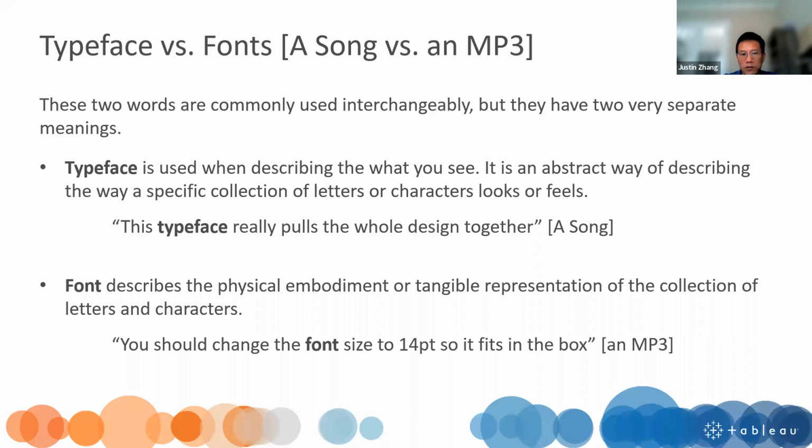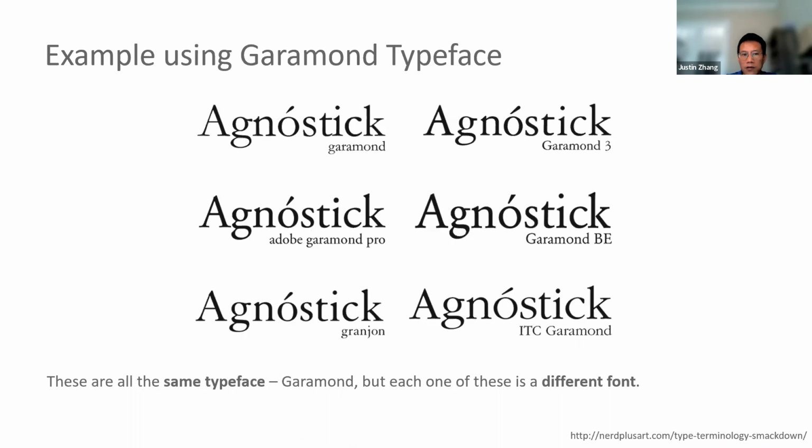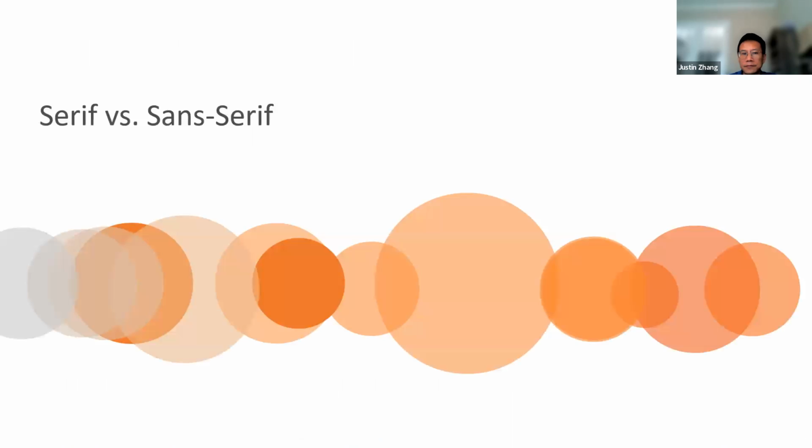And the font describes the physical embodiment or tangible representation of the collection of letters and characters. So if we think that the typeface is like a song, then the font is more like an MP3. So here are some examples of using the German typeface. They are all the same typeface, but each one of these is a different font.